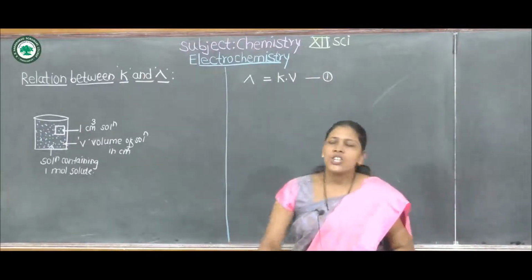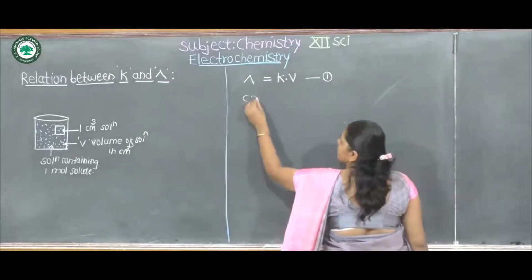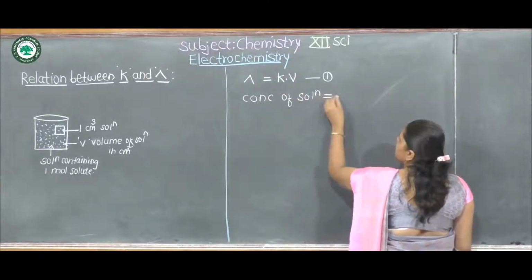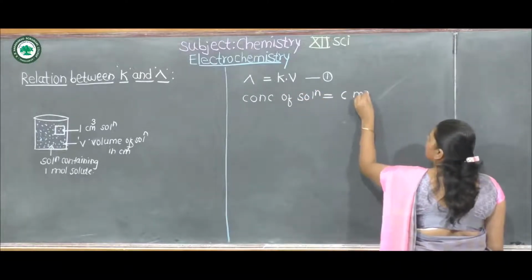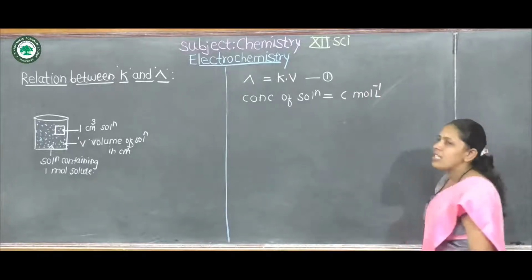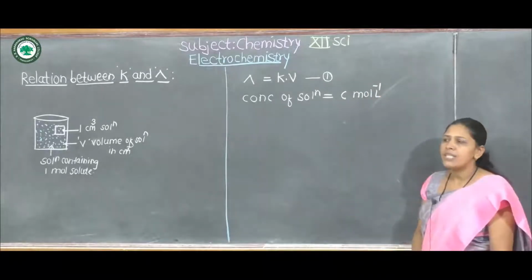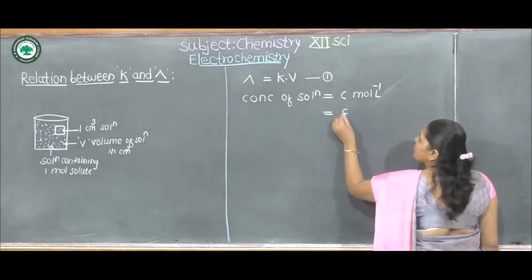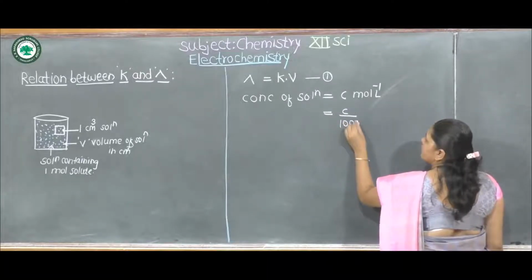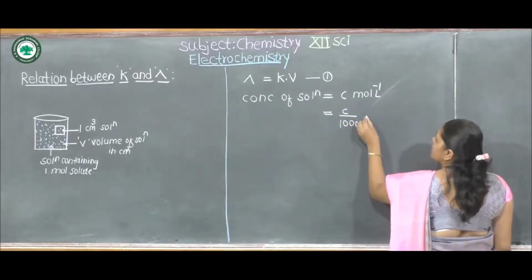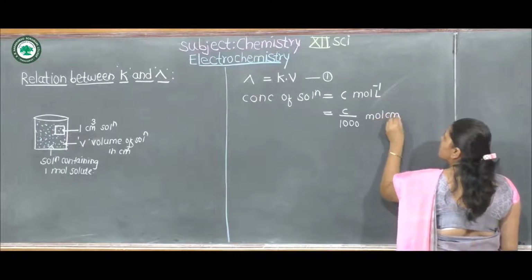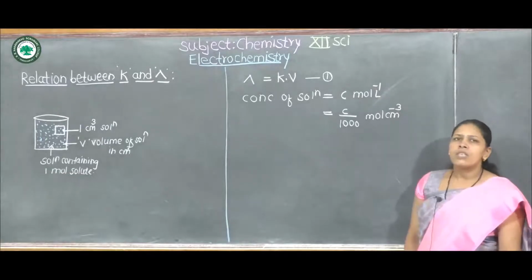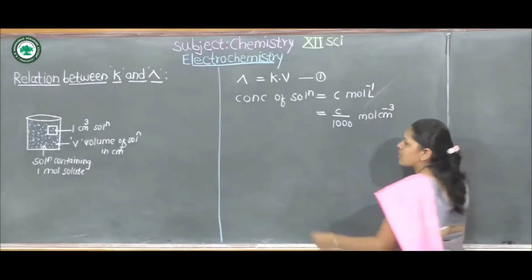Then the concentration of solution is equal to C mole per liter. This mole per liter can be converted into mole per centimeter cube by dividing by 1000. Then we know that volume is the reciprocal of concentration.